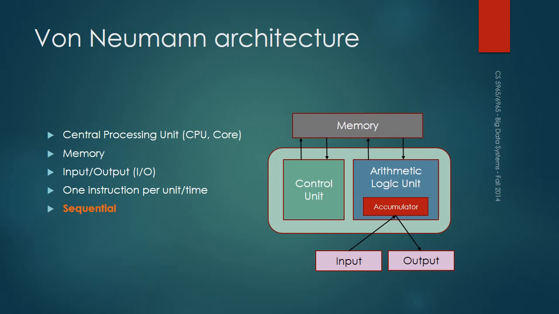Briefly, most of you probably already know about this. The most common machine model that we use is a von Neumann architecture. This hasn't changed much, and effectively what it says is that there is some input and output which gets operated upon by the central processing unit, which is made up of a control unit.